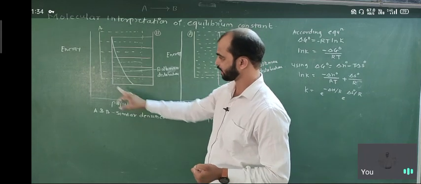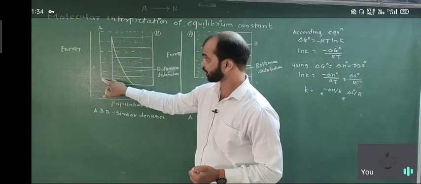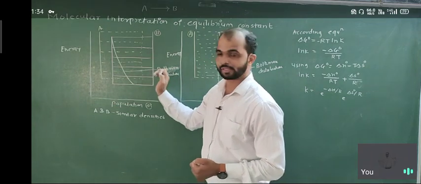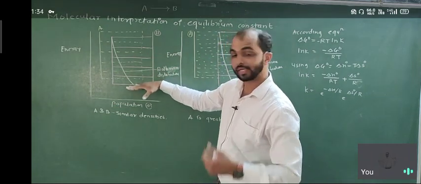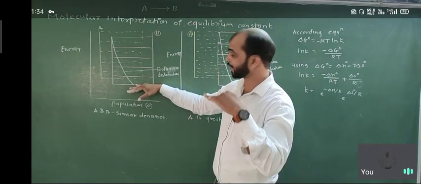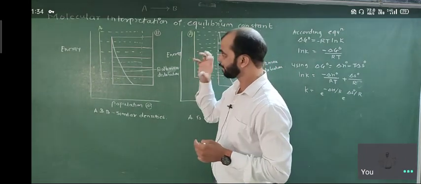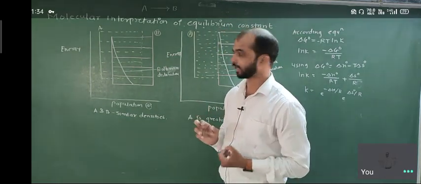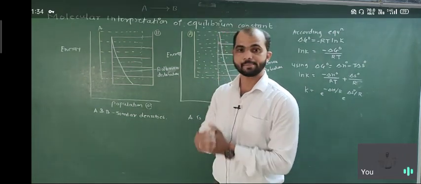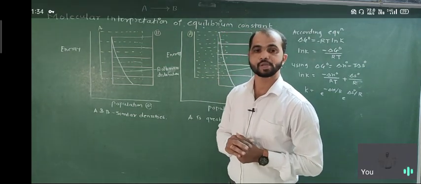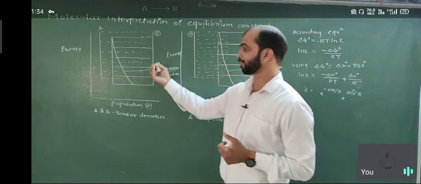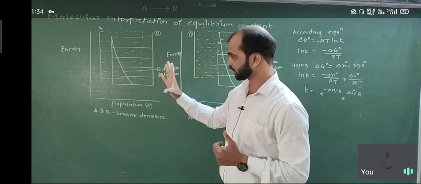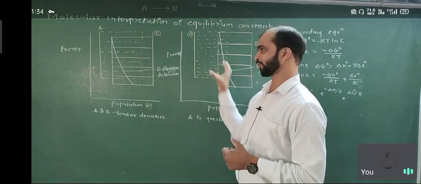You can see the lowest energy state of A, and here is the lowest energy state of B. That means B reaches the lowest energy state at equilibrium, so B is more dominant than A. B is the product, so product will form more dominantly over reactant. So this reaction is favored to the product side.